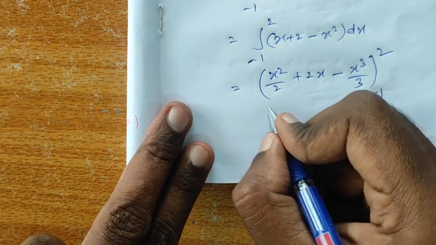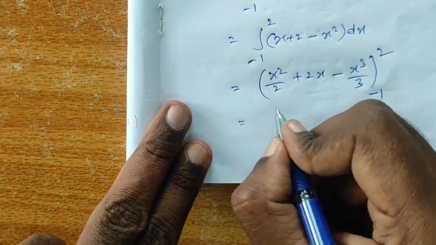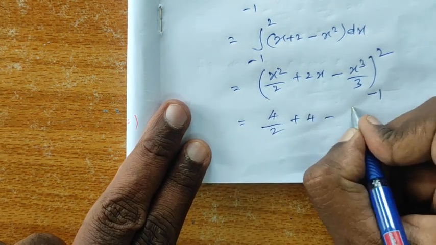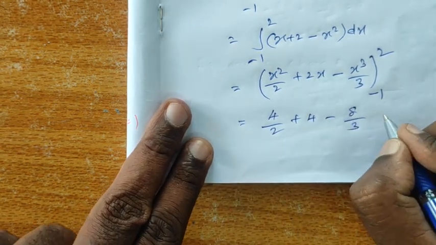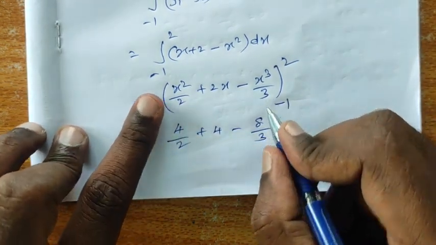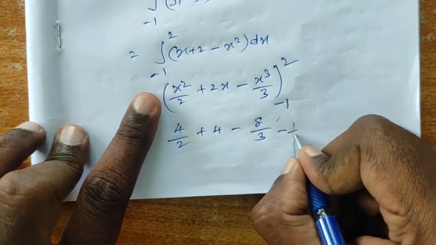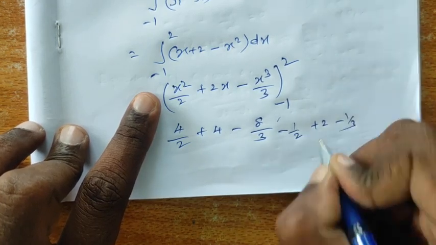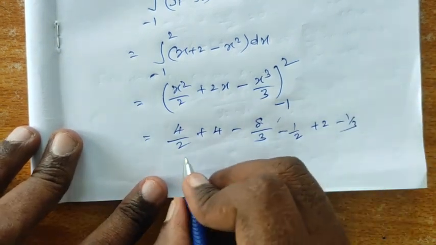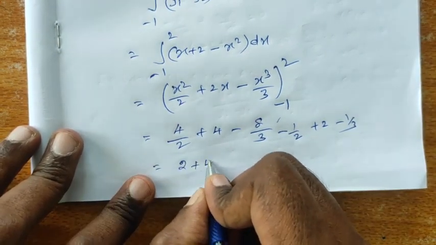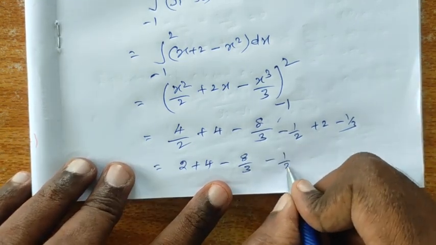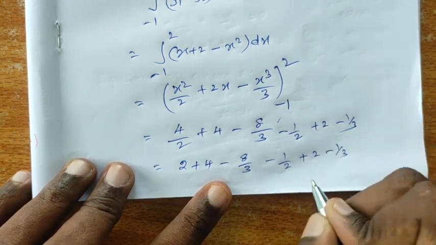Apply the lower limits and upper limits. So we get 2 square, 4 by 2, plus 4 minus 8 by 3. And apply the lower limits. We get minus 1 by 2 plus 2 minus 1 by 3. Right. So listen, 4 by 2 is 2 plus 4 minus 8 by 3, minus 1 by 2 plus 2 minus 1 by 3.